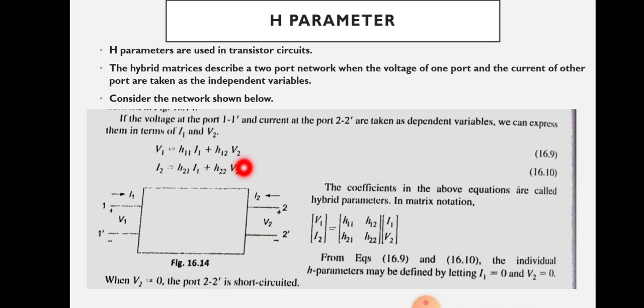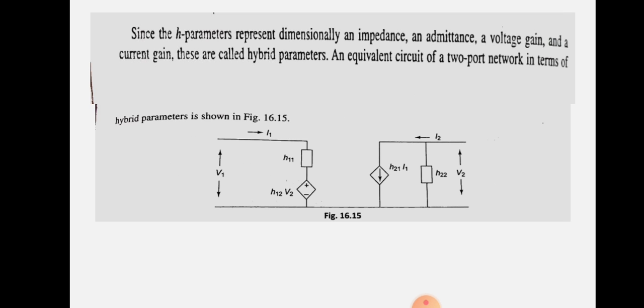So this will be an impedance, this will be an admittance H22, with voltage V2, and this represents a dependent current source. Since this side represents current, the branches will be parallel. Since the other side represents voltage, those branches will be in series. So this is the equivalent representation for the hybrid parameter.